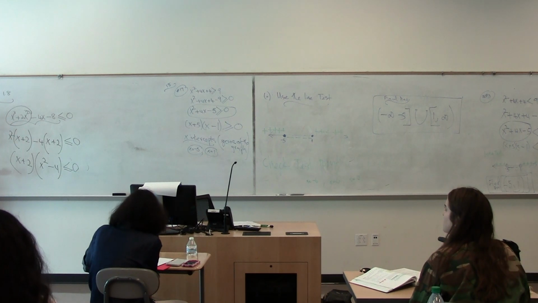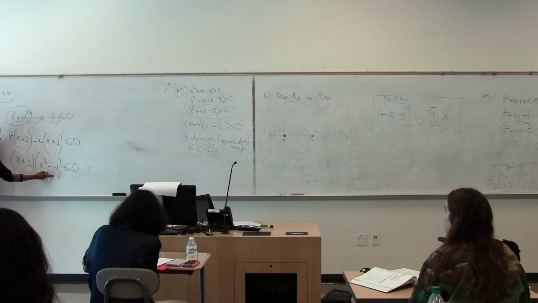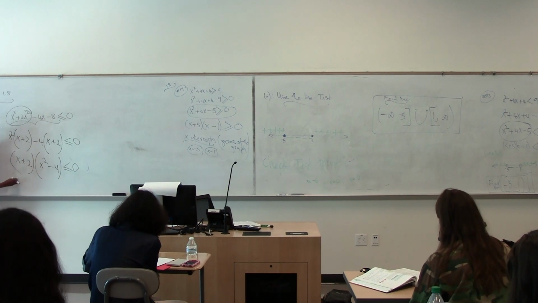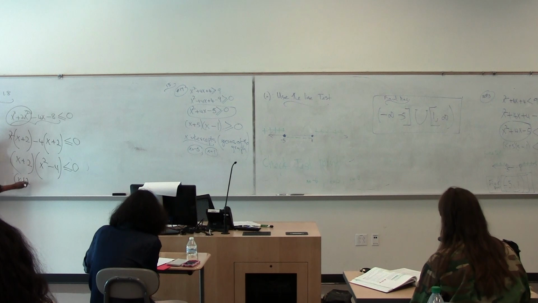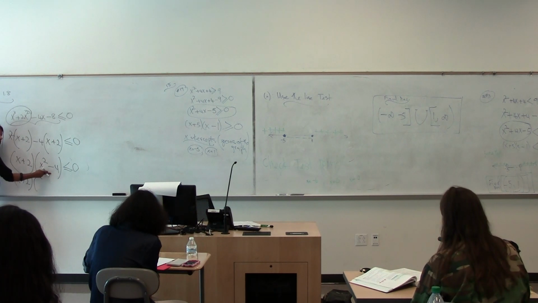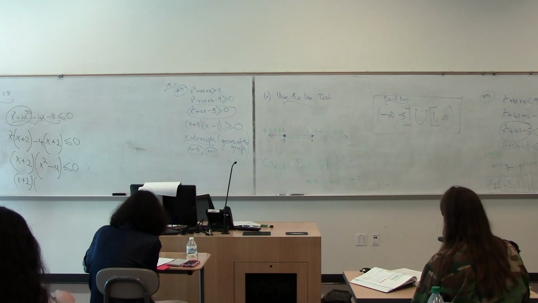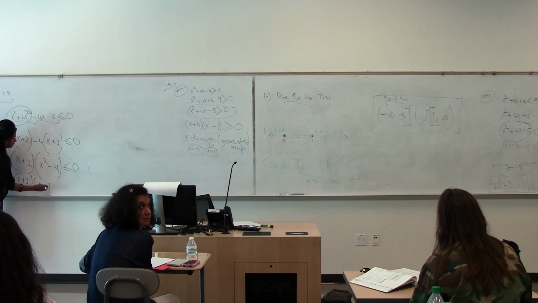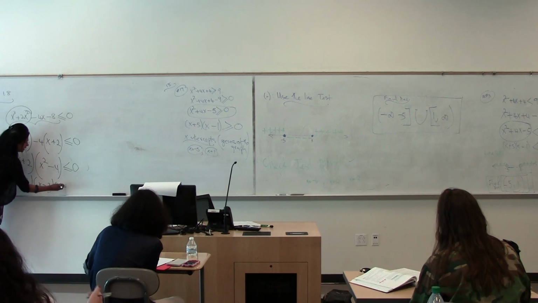And now what do you do here? Are we done here? Can we factor this further? We should know how to factor this using what? Difference of squares. Difference of two squares. I gave you that also, how to factor, as a review exercise. It becomes x minus 2, x plus 2. These are the factors.